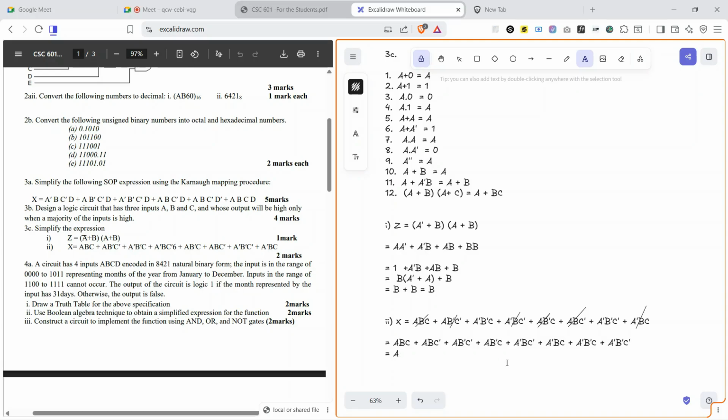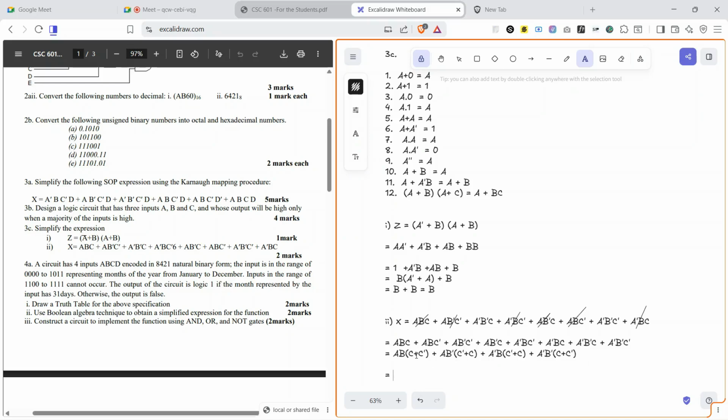So this is the same thing as AB into C plus C bar, plus these two together, AB bar into C bar plus C, plus A bar B into C bar plus C. Then the last one, plus A bar B bar into C plus C bar.